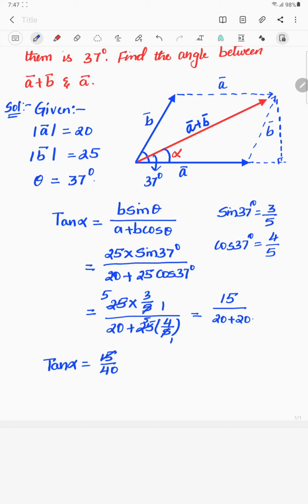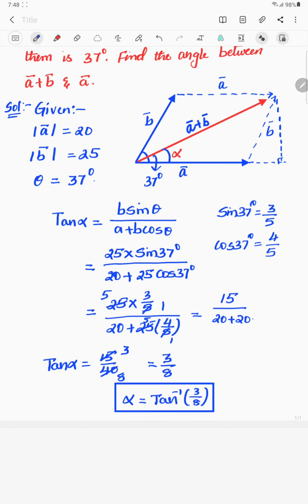You can cancel to a proper fraction: 5 threes are 15 and 5 eights are 40, which finally gives 3 by 8. As they are asking for the angle between A bar plus B bar and A bar, we require only alpha. Therefore alpha is equal to tan inverse of 3 upon 8. This is the final required answer, that is the angle between A bar plus B bar and A bar.